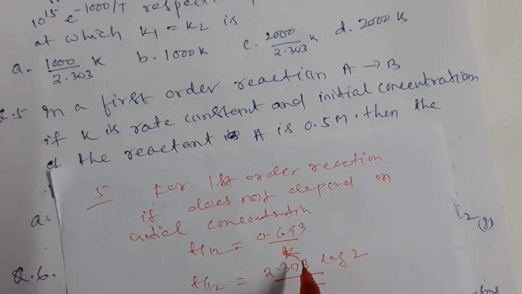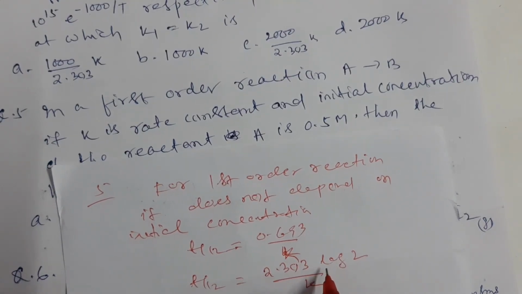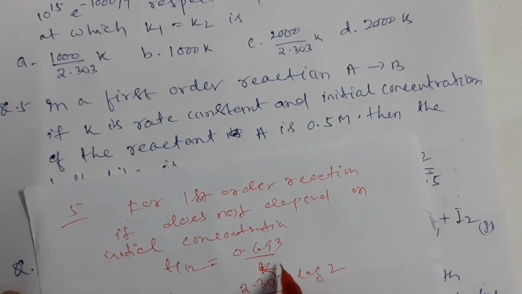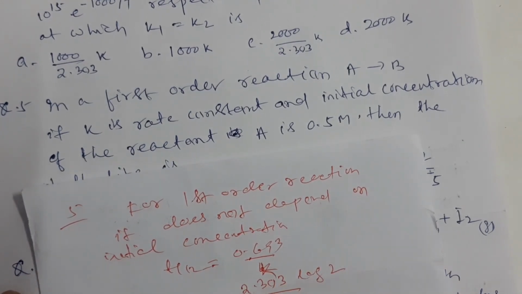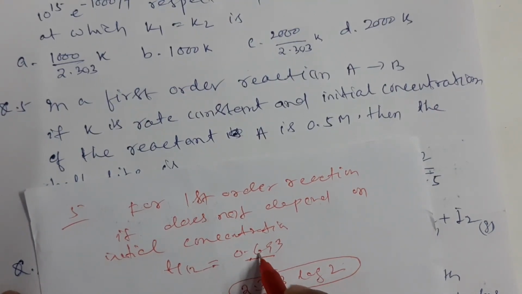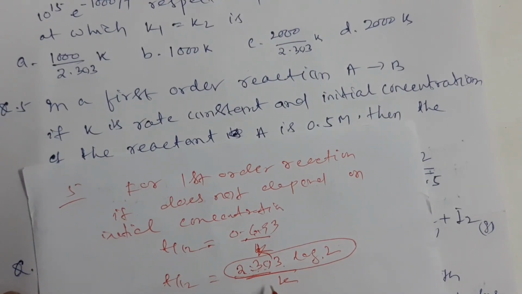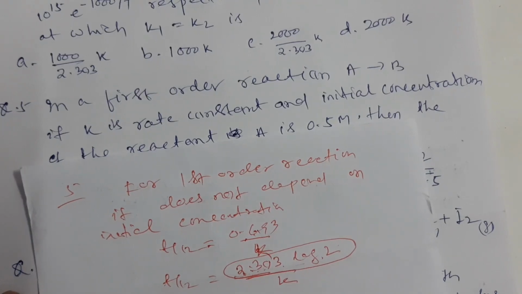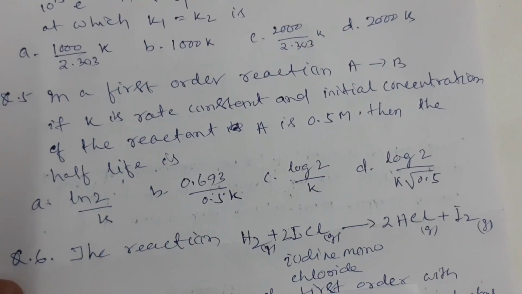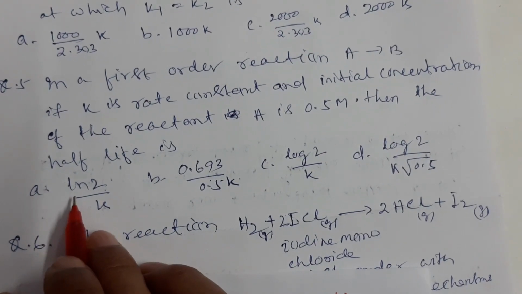So this is nothing but ln 2 by K. So for T half, choice A is the correct answer.